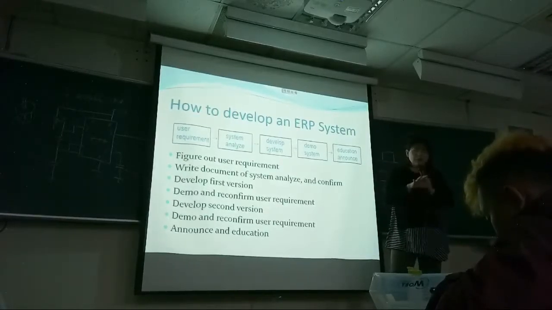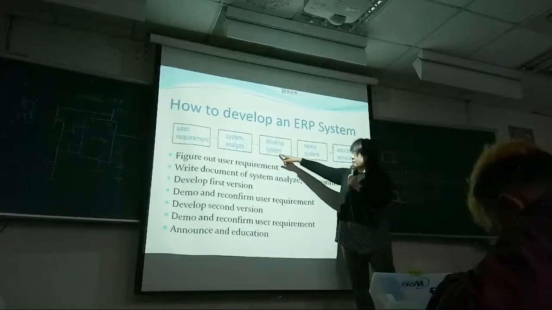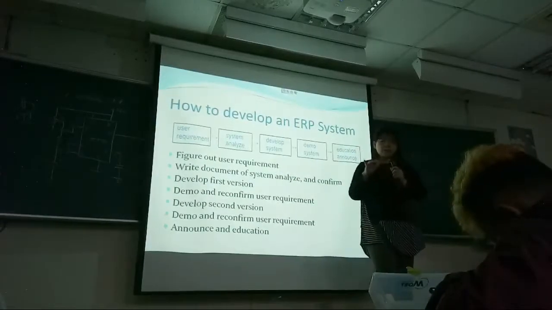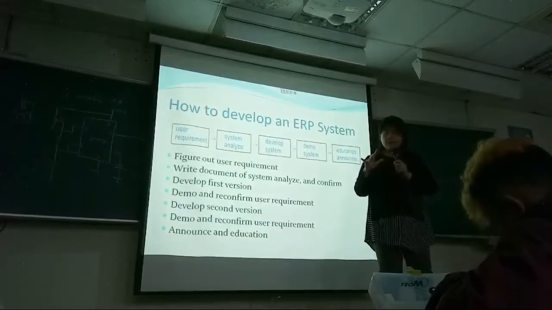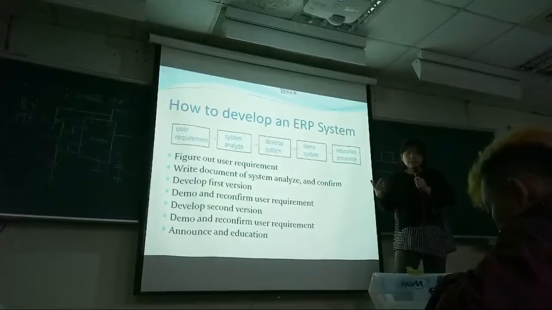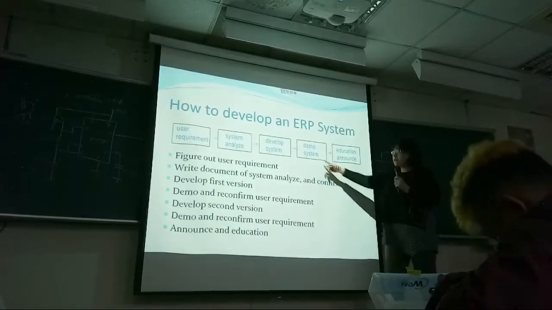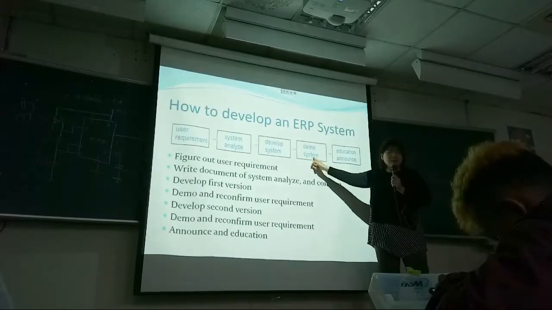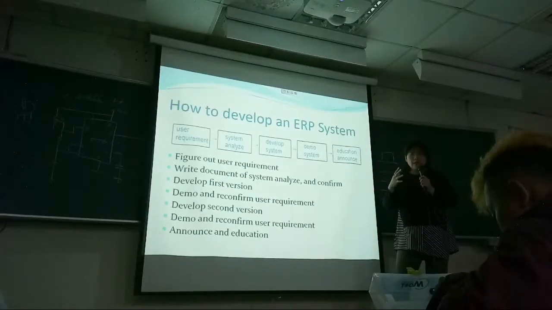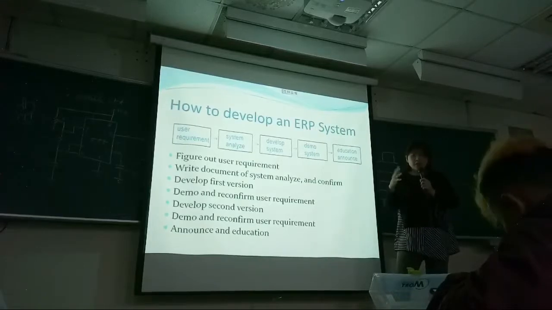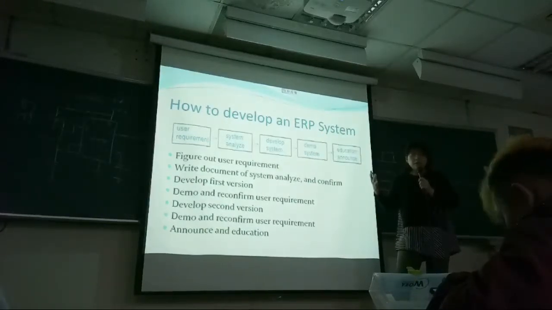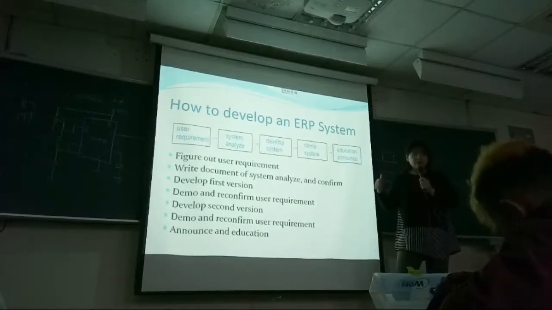And if the rule is right, then you develop the system. Develop a system means you write programs and test. And when you're done, you demo the system. When you demo the system, the manager sees what the function looks like, and they will tell you, okay, this version is okay.